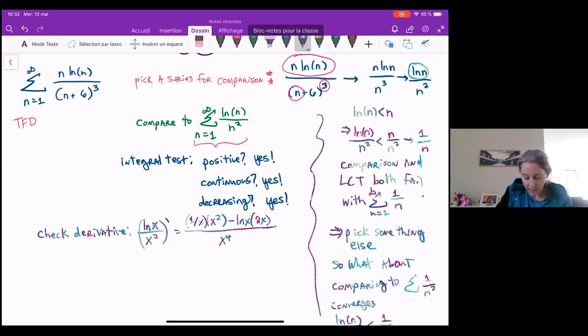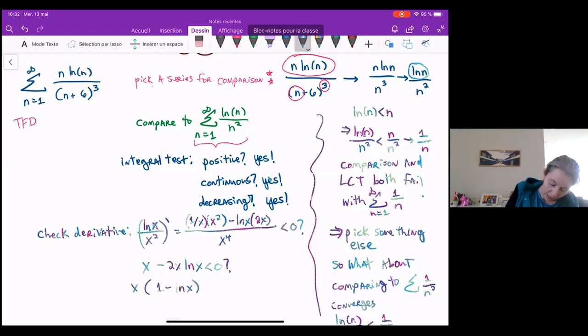And I want to know, is this thing less than 0? The x to the fourth on the bottom doesn't matter. So basically I'm saying 1 over x times x squared, that's x, is x minus 2x ln x less than 0? In other words, is x times (1 minus ln x) less than 0? Our x, we're thinking of it as if we are starting at 1, so x itself is always positive.